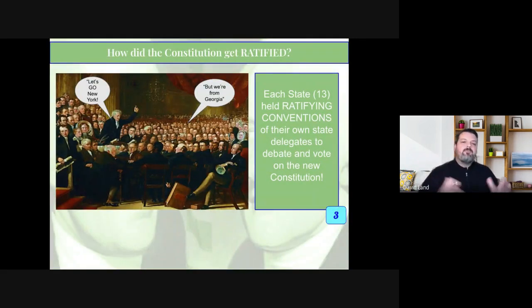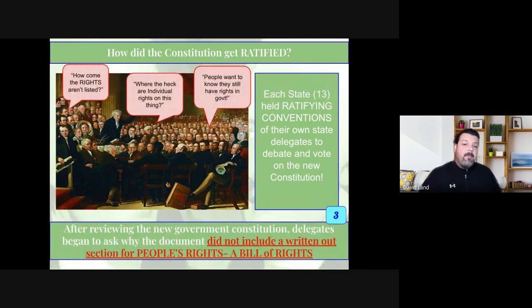So the Constitution gets ratified by sending it out to the states. So now the states have to have their own conventions. But when we get there, some of the states start to agree, but a few delegates in those conventions start to wonder, well, why does this Constitution not have anything written where we see a Bill of Rights?